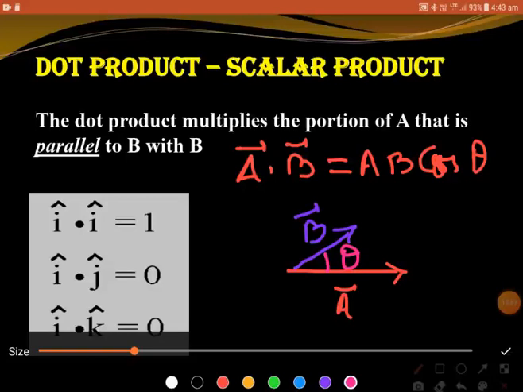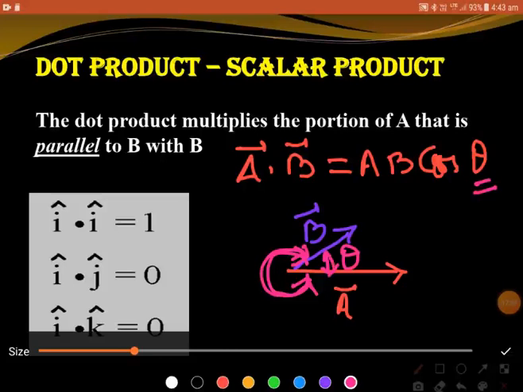There are two angles, one from here to here, and another here. So this angle theta, whatever we are going to take here, will be the smaller angle. This one is the larger angle, or we sometimes call it the exterior angle. So we have to take the smaller one. The smaller one will be this one, right, theta, that I'm representing here.